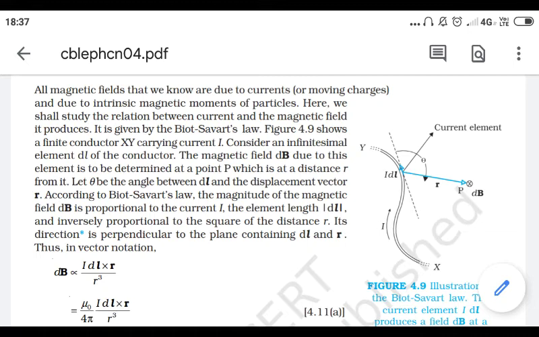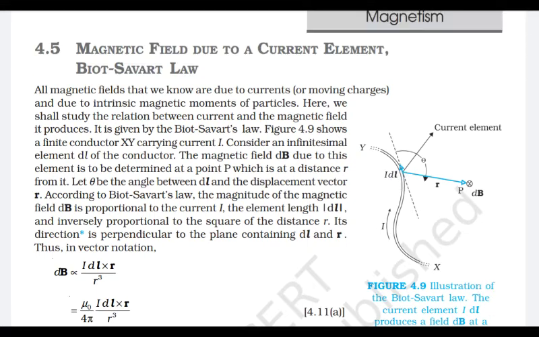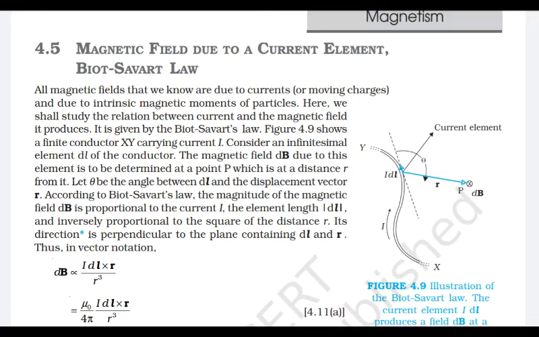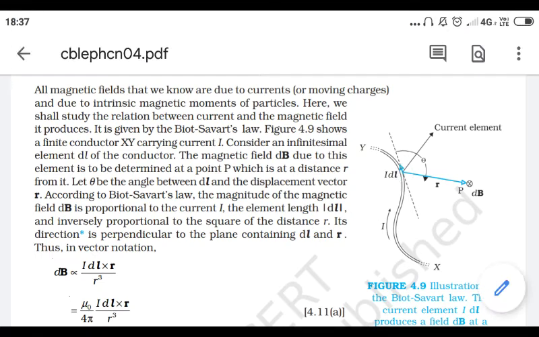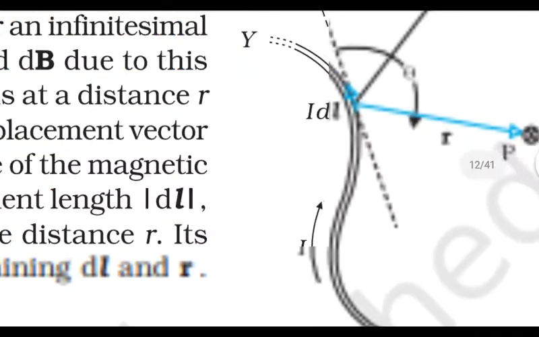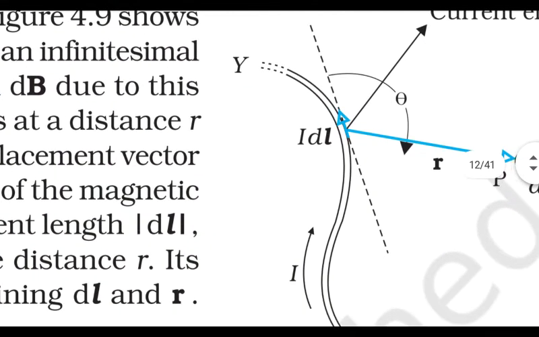The magnetic field dB due to this element is to be determined at point P. XY is a conducting wire, and dl is a very small portion of it. If I enlarge it, can I see the portion? Yes, we can see this arrow.